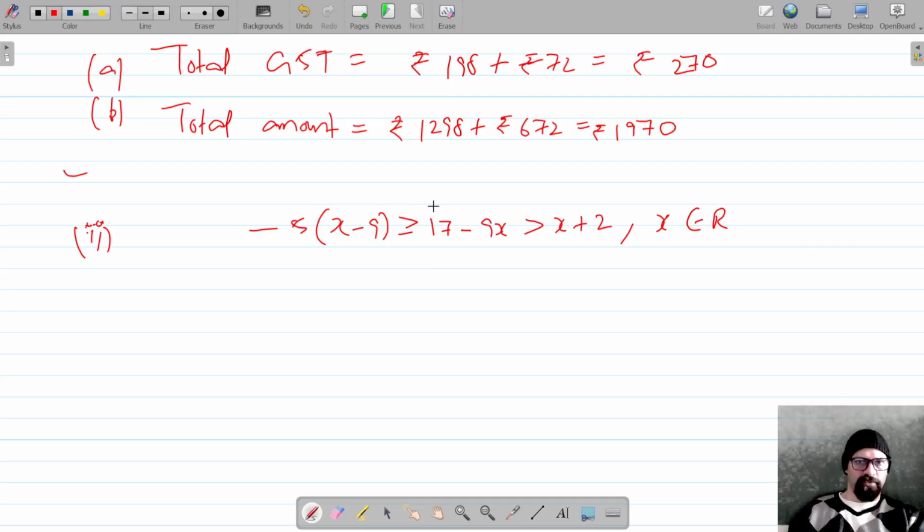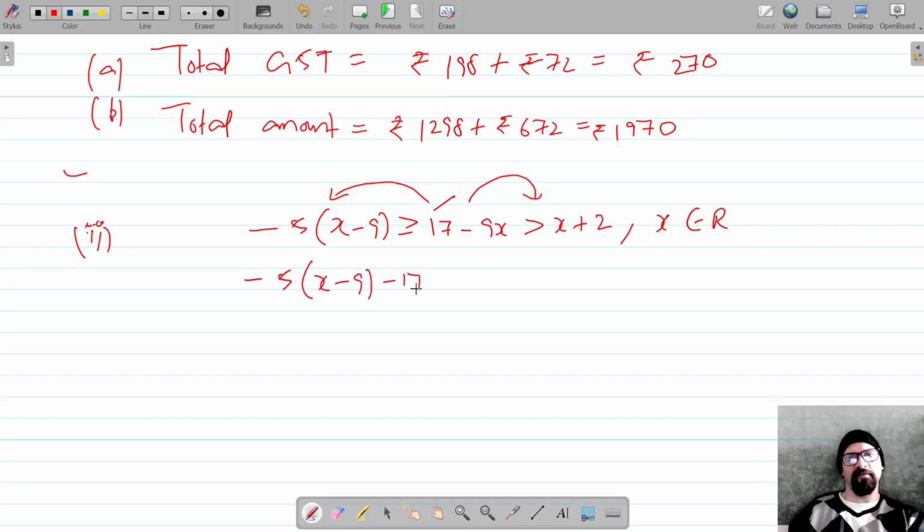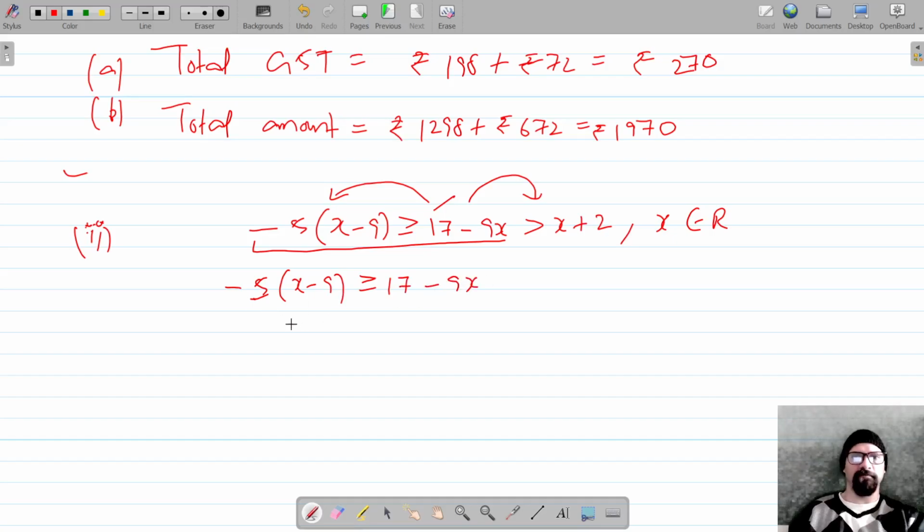Okay, so I'm going to take this 17 on both sides. Or let me split these up and consider the first inequality. This is minus 5 into x minus 9 greater than or equal to 17 minus 9x.